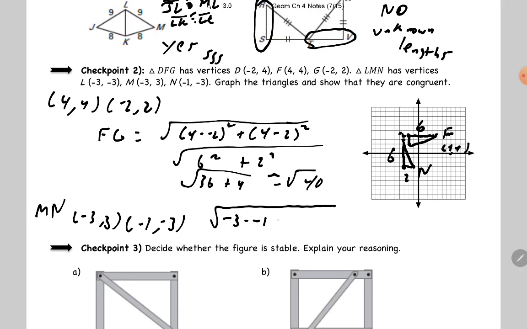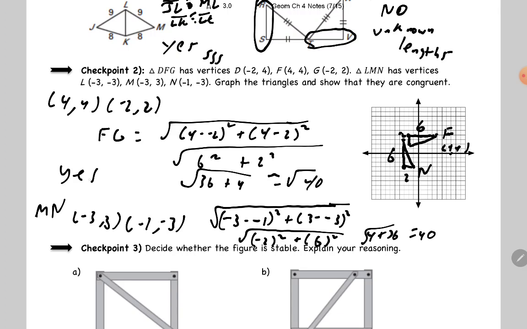Negative 3 minus minus 1 squared plus 3 minus minus 3 squared. Negative 2 squared plus 3 minus minus 3 is 3 plus 3 squared. And we'll get 4 plus 36 again. So yes, by SSS.